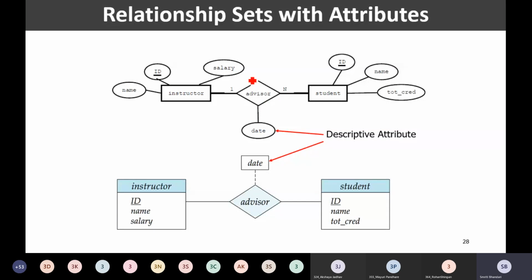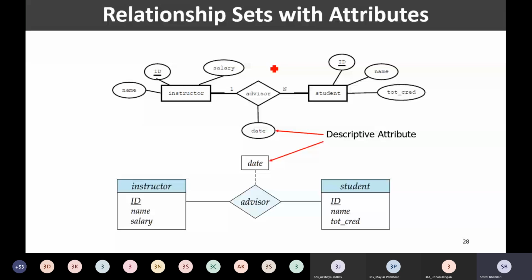Whenever we are drawing such a relationship, by default for this relationship set we are having two attributes. And what are those two attributes? The primary keys of the participating entity sets. I'll repeat.